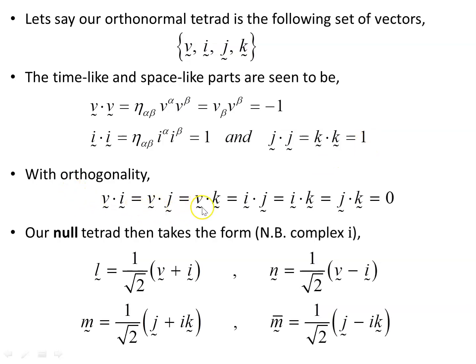Now with orthogonality, we have all these mutually perpendicular, so scalar products are 0, and our null tetrad then takes the form, and just note here the i in this will be a complex i, so L will take this object here, time-like plus a space-like, N will be the time-like minus a space-like vector, and M will be this object here with the complex number i, and the conjugate will be this one here, minus i.